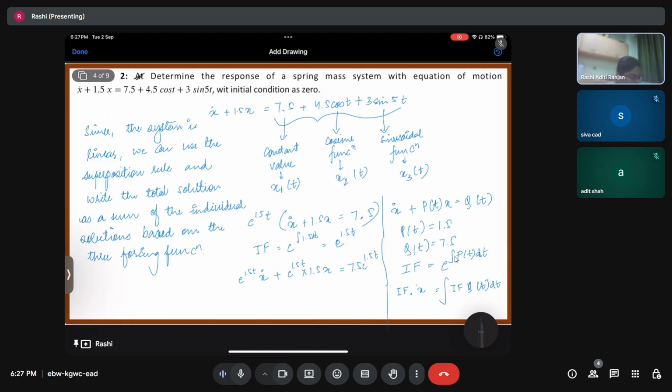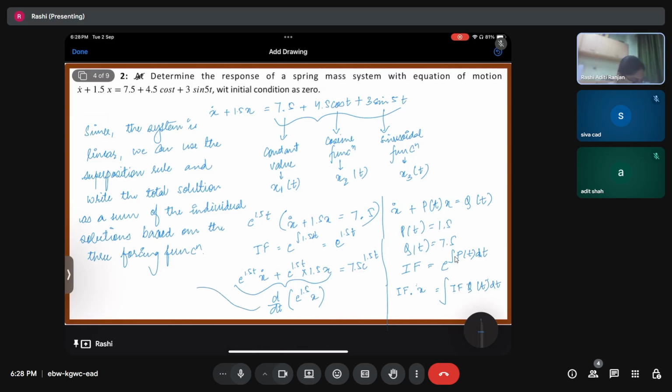This can actually be written as d/dt of e to the power 1.5 t into x, right?